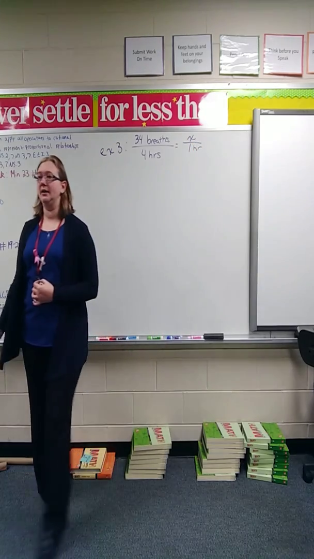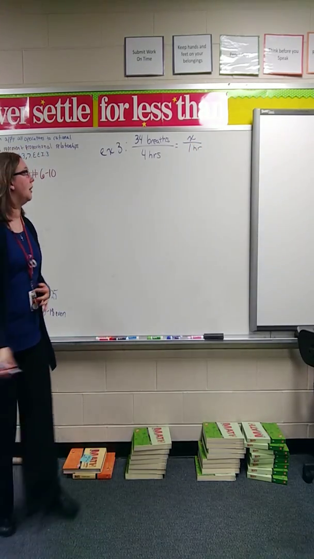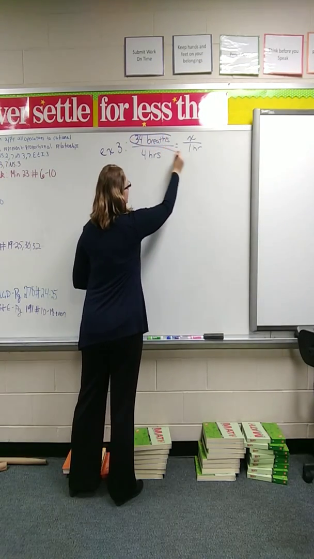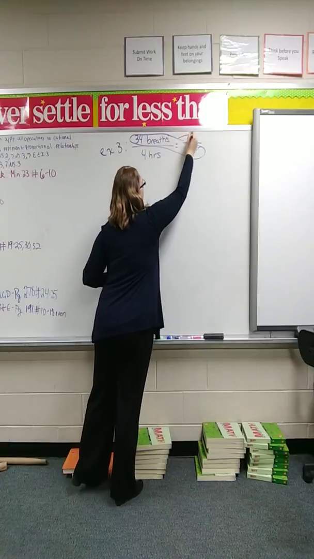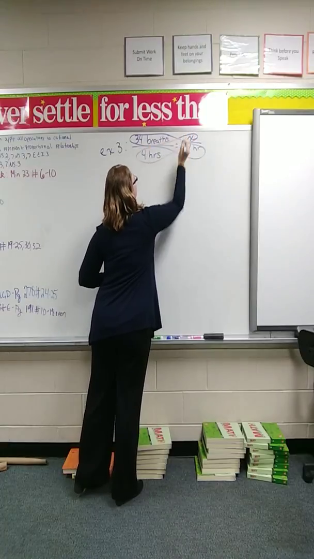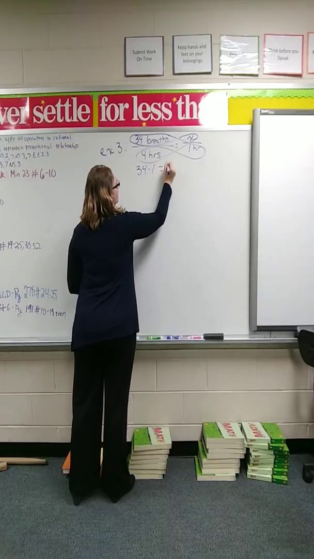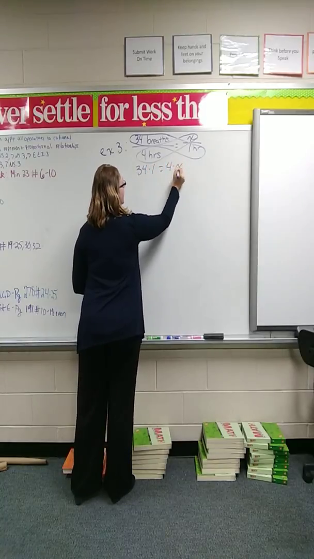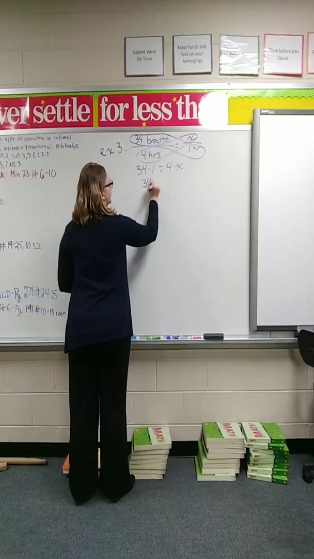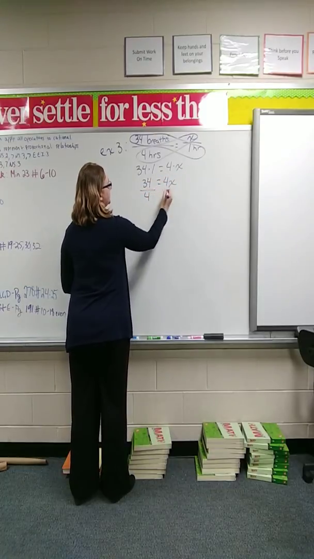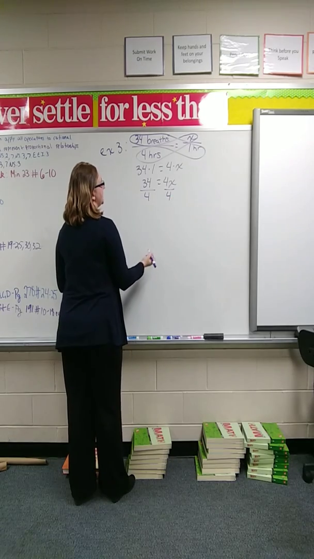That's what we're trying to find. Alright? So I'm going to cross multiply, putting on my Band-Aid so that we can fix my broken proportion. That gives me 34 times 1 equaling 4 times x. 34 equals 4x. Dividing both sides by 4 to get our variable by itself.